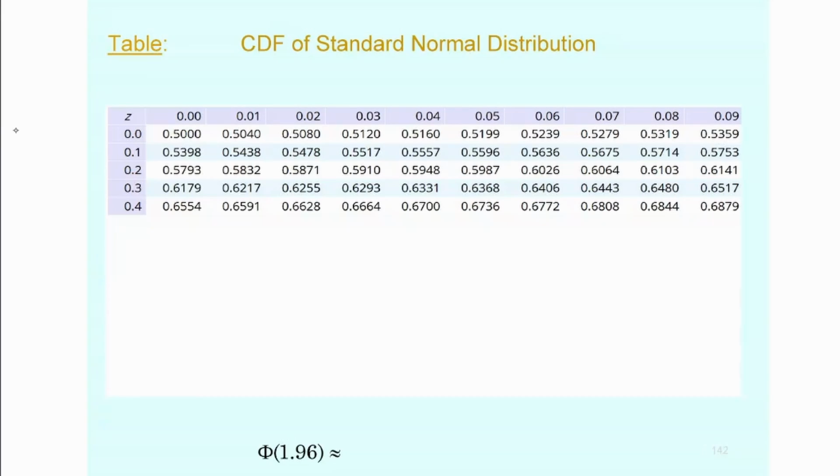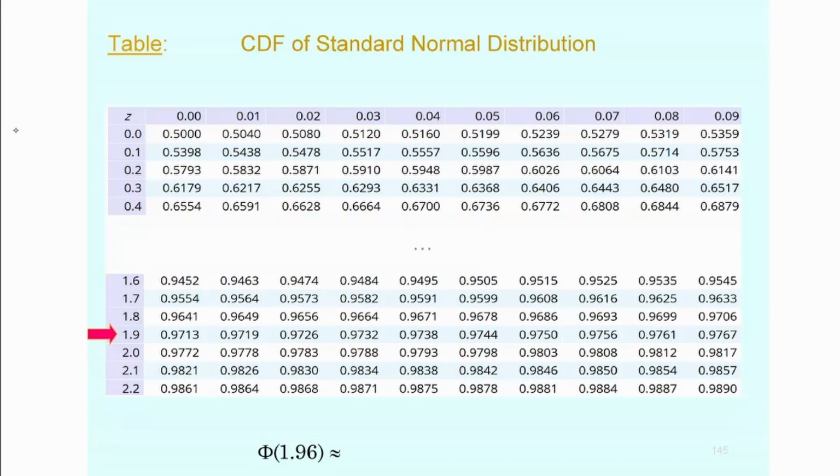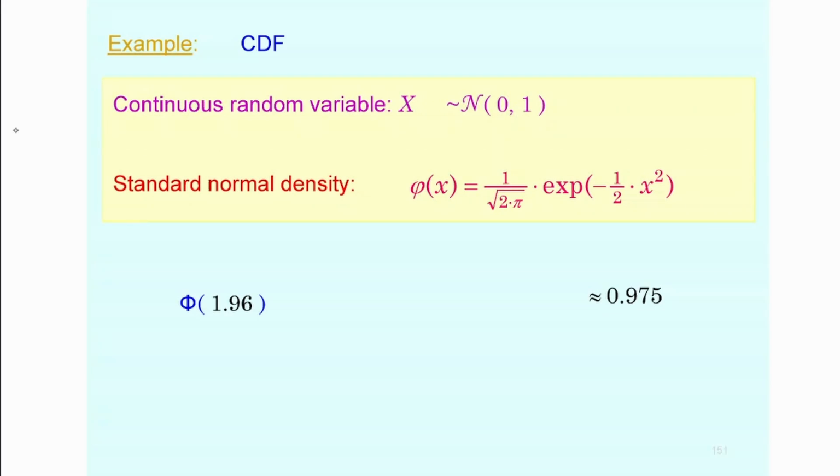The cumulative distribution function of the standard normal distribution can be looked up, and let's say at point 1.96, you would go to the row where 1.9 is, and then you would have 0.06 because 1.9 plus 0.06 is 1.96 after all, and where the row intersects with the column, you will have the corresponding probability, which is 0.975, so 97.5%, roughly speaking, is going to be the probability that the standard normal distribution will not be greater than 1.96.